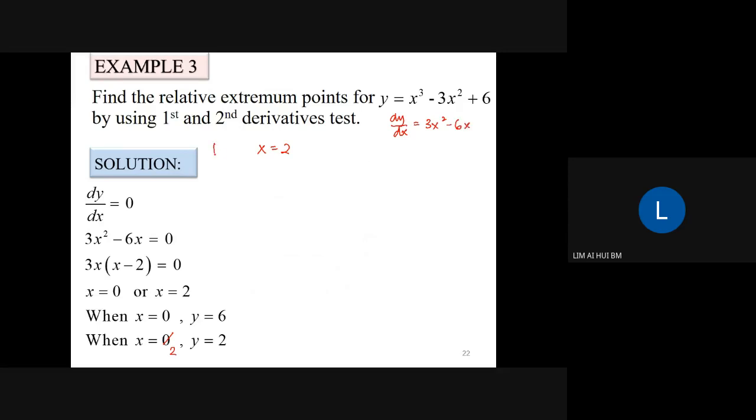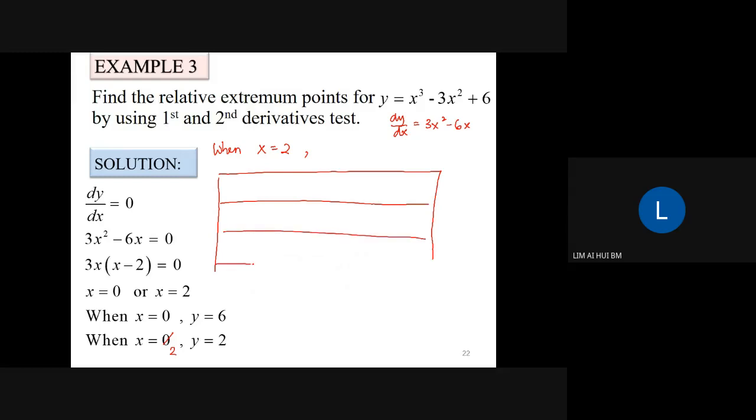When x equals 2, I draw the same table, 3 rows and 4 columns. 1, 2, 3, 4. Okay, 4 columns. The middle one is the title, x. This is the dy/dx sign. This is the pattern.